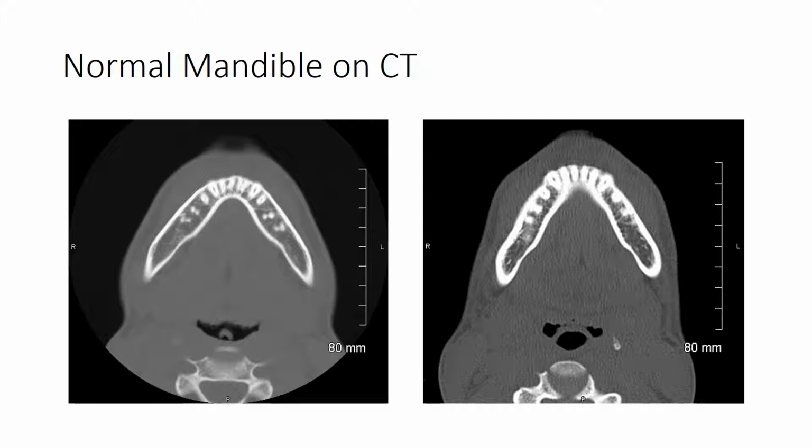And on the right, you have cortex, you have cancellous bone. I would say the trabeculae are a little bit more coarse and thickened in the older patient. And it could just be because these 2 patients are different, or the masticatory forces and the biomechanical stresses could be different, and that could be the cause of the thickened trabeculae. But either way, both of these are considered normal.